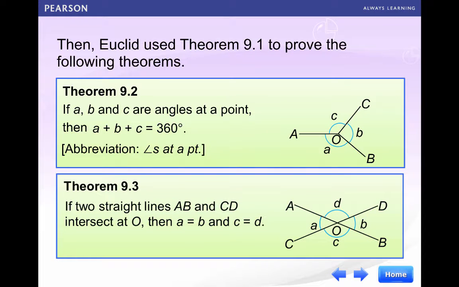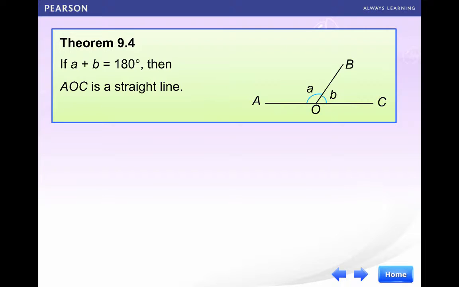Also, if two straight lines, let's say AB and CD, intersect at O in the figure, then small a equals small b, and c equals d. We call this vertically opposite angles.